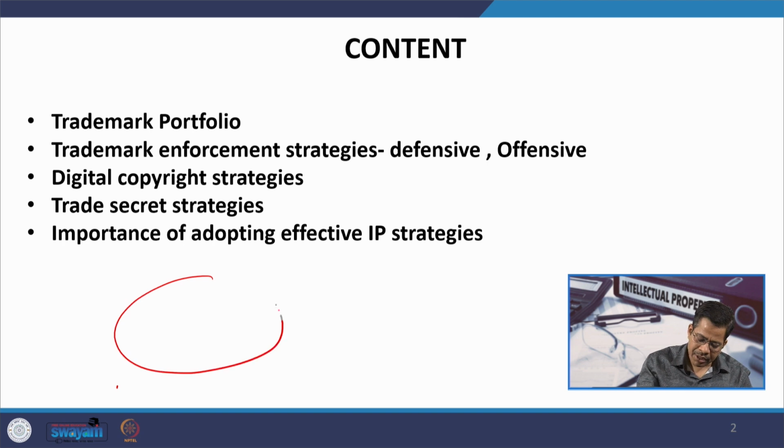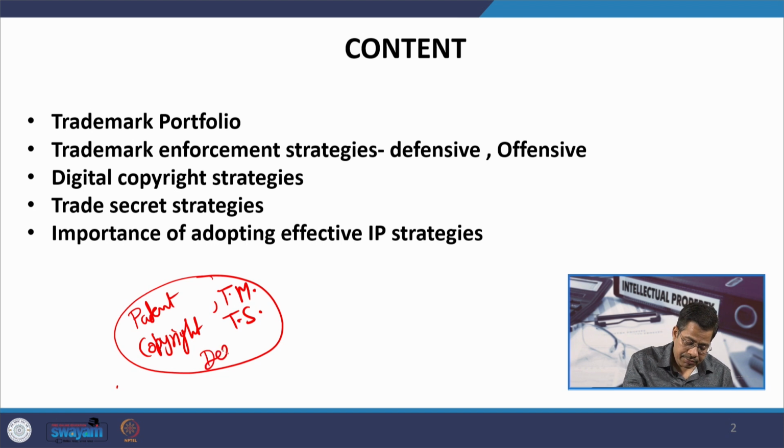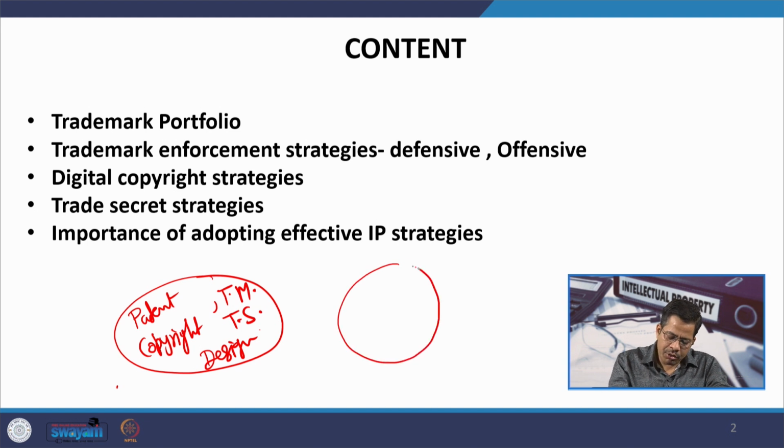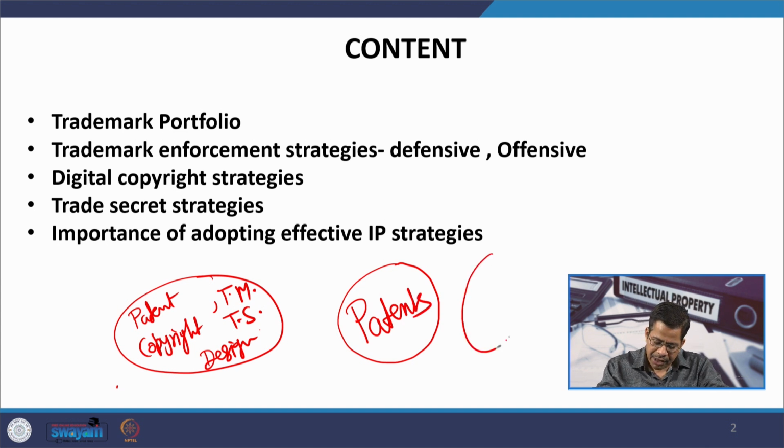One portfolio where you have variety: a patent, a few copyrights, a few trademarks, a few trade secrets, a few designs, etc. And then there can be another type of portfolio where you have only patents, or only trademarks. So a portfolio may have multiple types of IPs, and a portfolio may have only one type of IP, but in plenty.